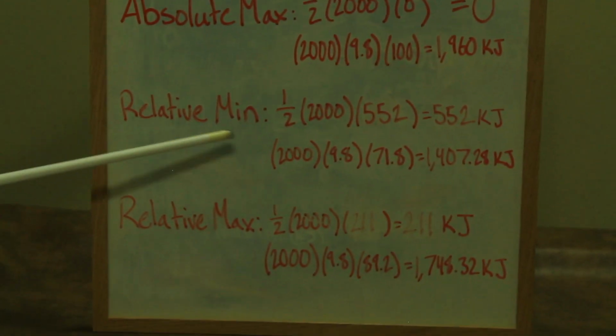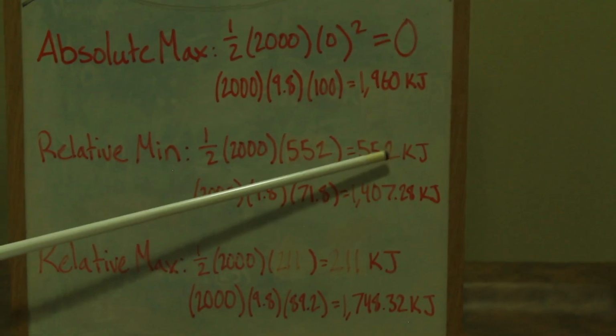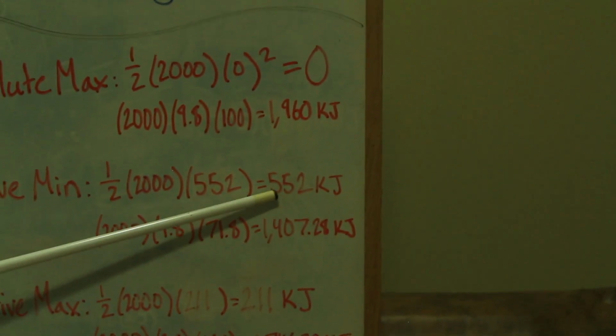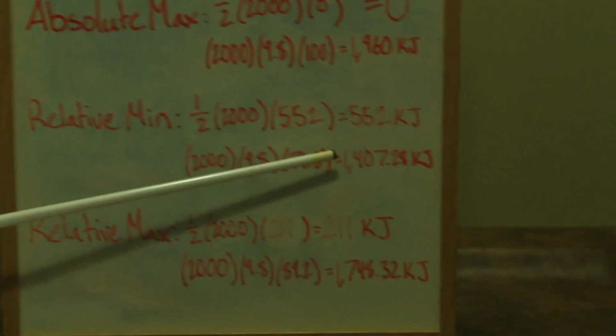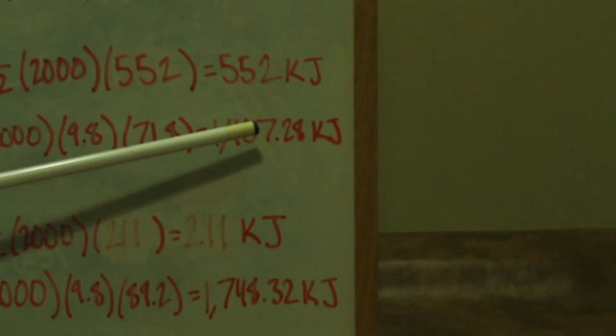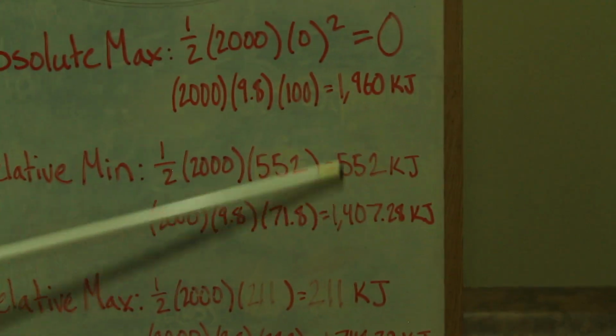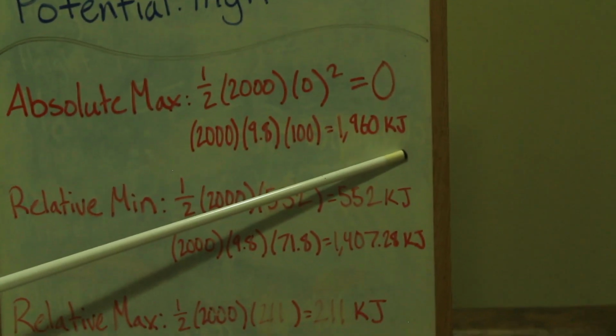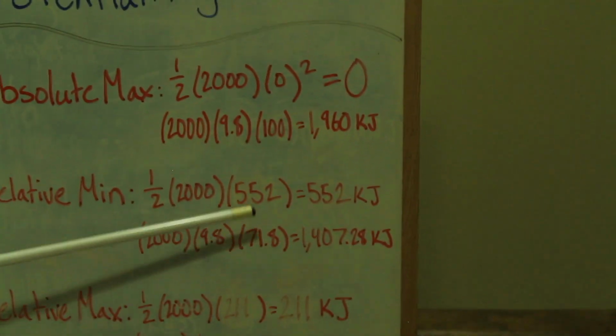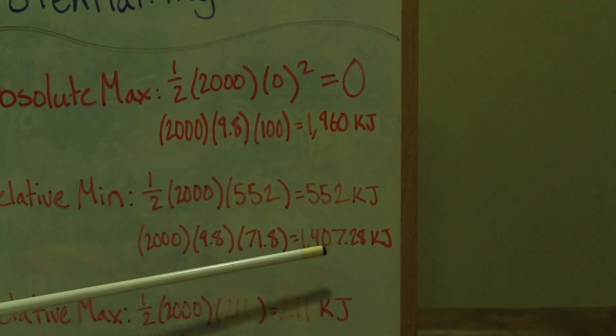At the relative minimum, the kinetic energy is 552 kilojoules, and the potential energy is 1,407.28 kilojoules. Both of those added together equal the initial 1,960 kilojoules of potential energy, proving that energy is conserved throughout the roller coaster.